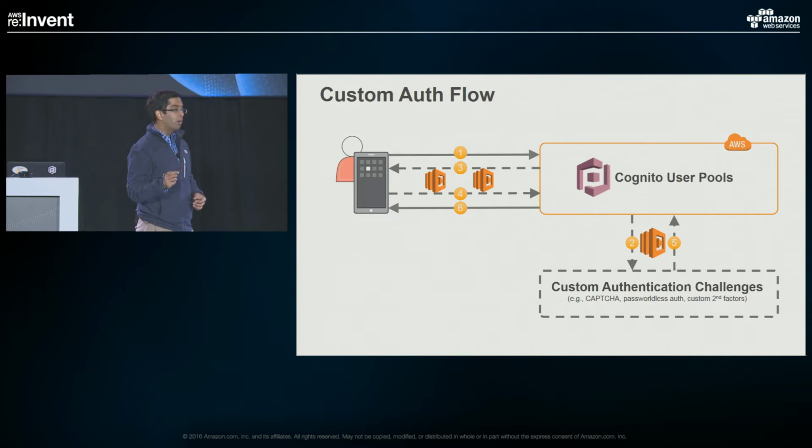You can also totally subvert the password-based approach that we take. So we have a customer implementing passwordless authentication, where as opposed to ever remembering a password, their users can just get an OTP on every sign-in. And they're using the custom auth flow to implement that. So powerful ability to customize here.